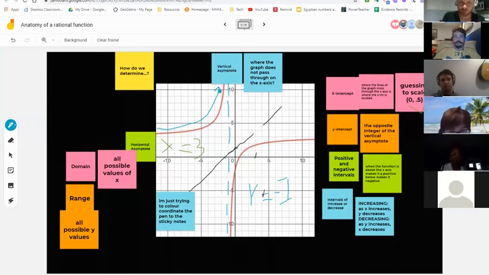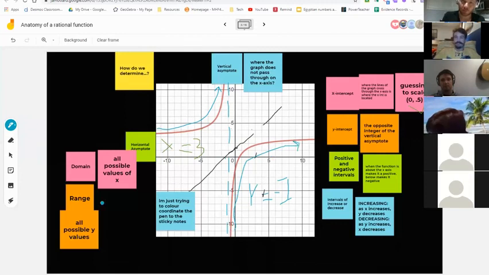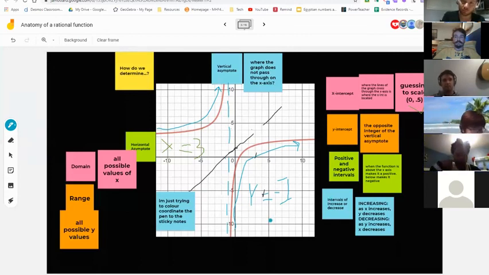Okay, it's increasing, right? And what about here? Give me a thumbs up if you think on this second interval the function is decreasing. Okay, good job. This function is always increasing, except at the vertical asymptote.